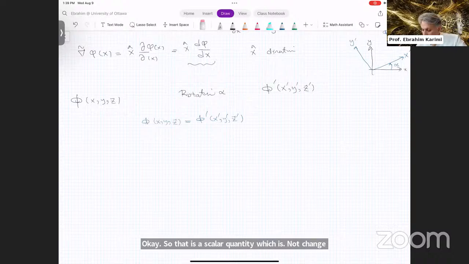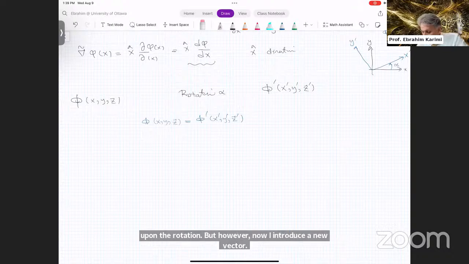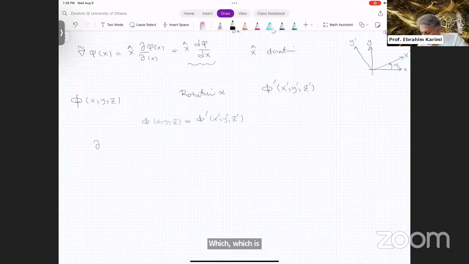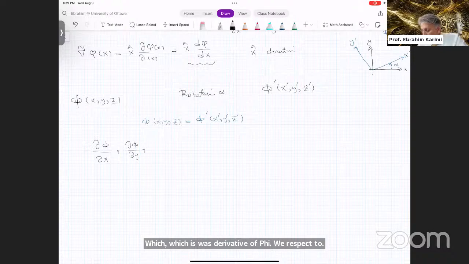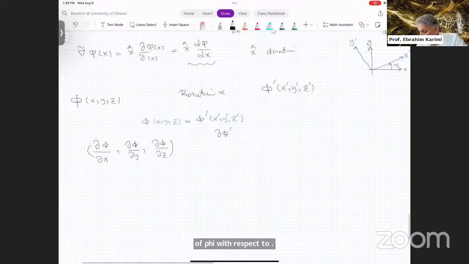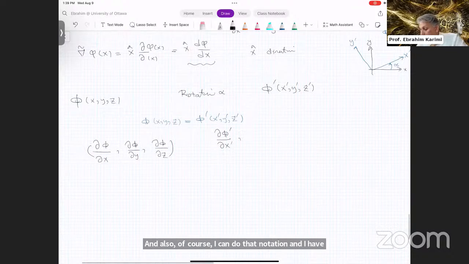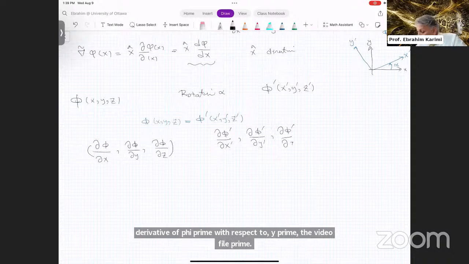However, now I introduce a new vector: the derivative of phi with respect to x, the derivative of phi with respect to y, the derivative of phi with respect to z. And of course, I can do the rotation, and I have the derivative of phi prime with respect to x prime, the derivative of phi prime with respect to y prime, the derivative of phi prime with respect to z prime.